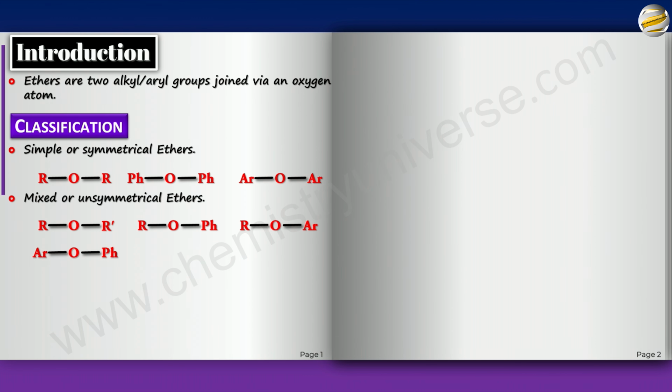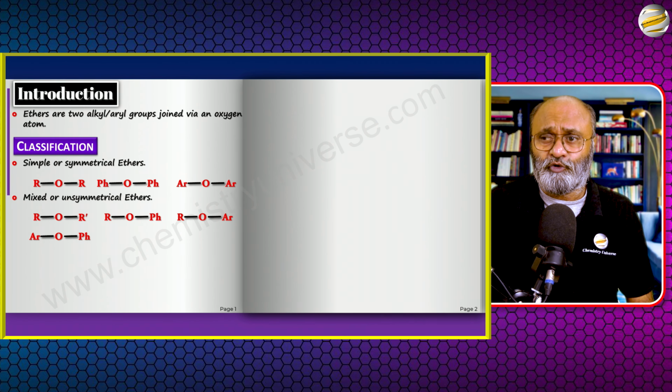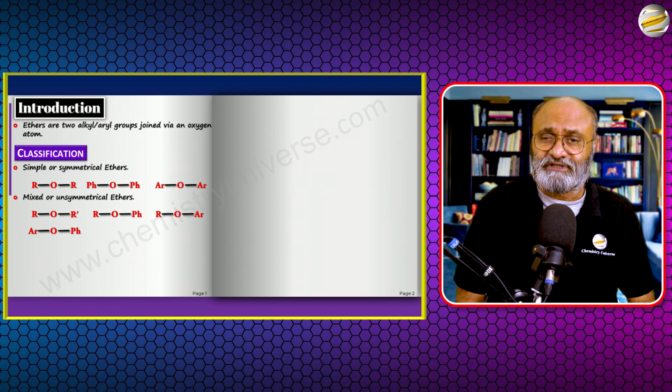Now let's talk about the bond angle. What do you think would be the bond angle of ethers in comparison to alcohols and water? Now, we have already discussed this in alcohols. And we said that in water, the bond angle is close to 104.5.